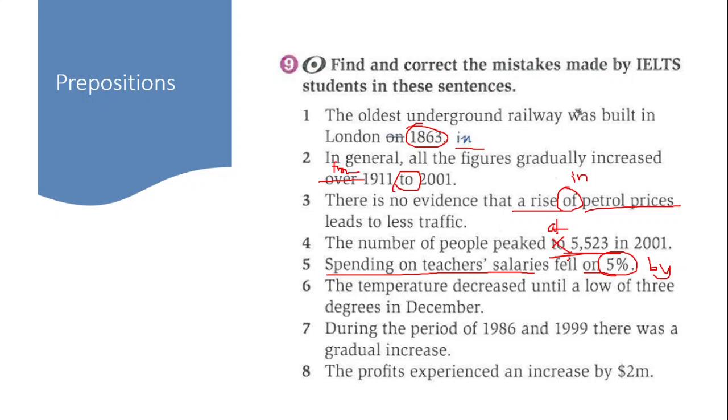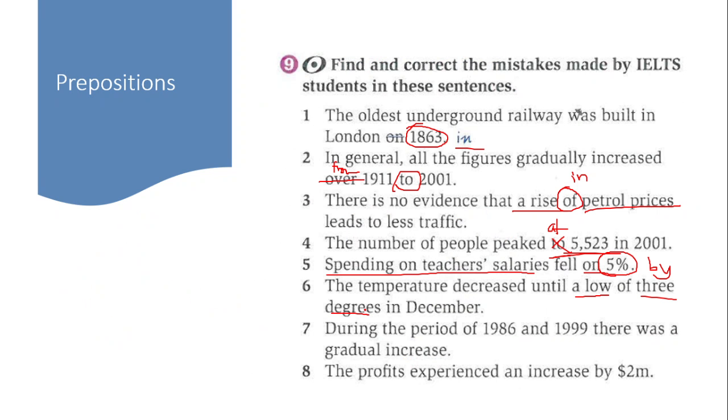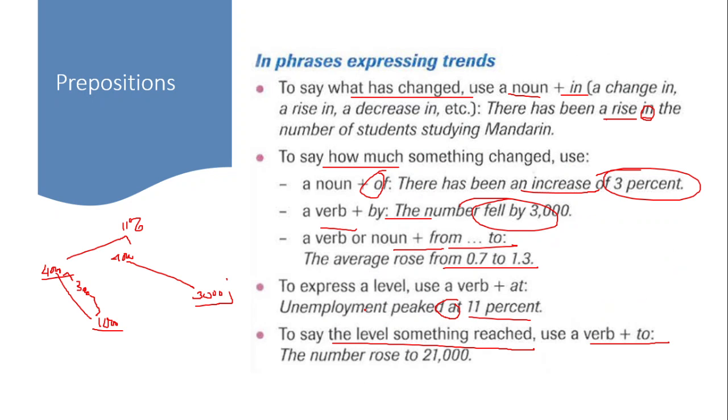The temperature decreased until a low of 3 degrees. Okay. We see noun and we have number. Can we use of? Okay.